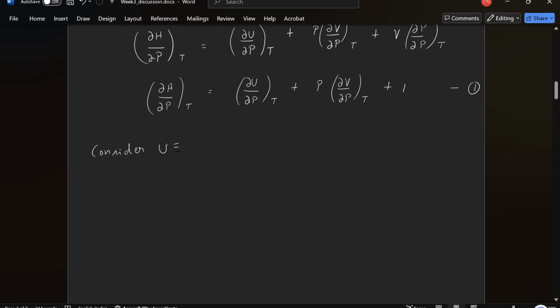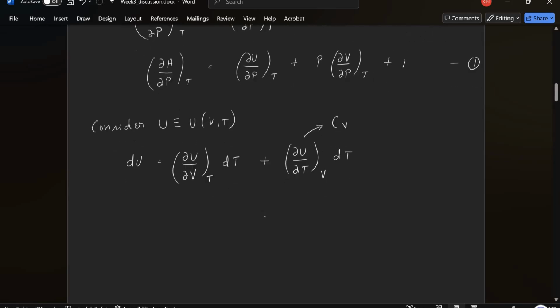Consider U, V and T as the natural variables. So dU is equal to del U by del V at constant temperature plus del U by del T at constant V dT. As you know, this is equal to Cv, the heat capacity.